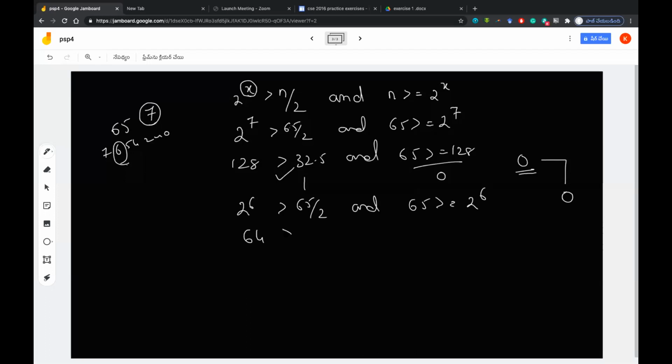And 65 by 2 is 32.5, so this is true. And 65 greater than or equal to 64 is also true. Because 1 and 1 is 1, he is going to the left-hand side and printing 1. I think this is what he is doing. Did you understand, Shreya?